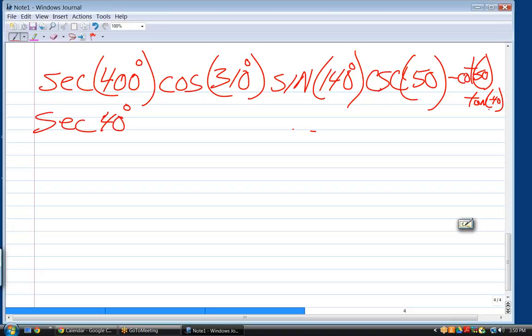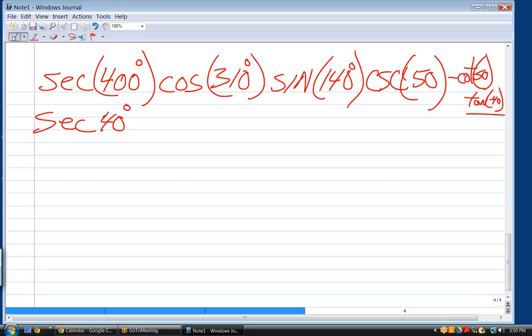Well, I see a 40 over here. I see 50s, which I can use cofunction to turn into a 40. So it looks like 40 might be the secret answer. Okay. So how can we turn some of these into 40s? Well, let's look at cosine of 310. What quadrant is that in? The 4th.